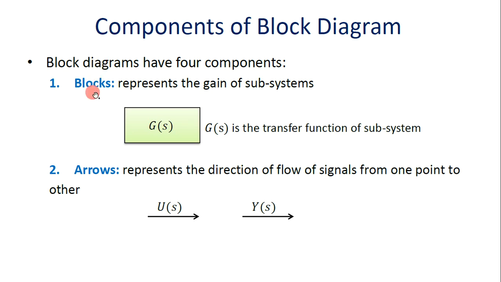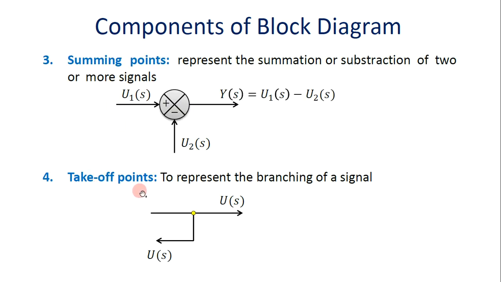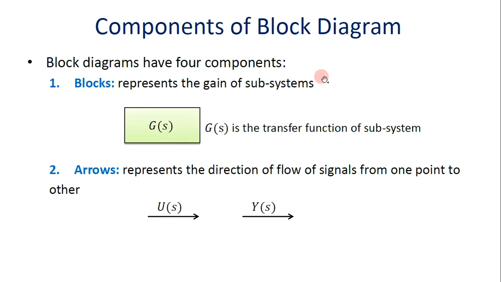The components of a block diagram are blocks, arrows, summing points, and takeoff points. A system has multiple subsystems, and those subsystems are represented with blocks. This is the block, and the gain of the subsystem is represented by G of s, the transfer function of the subsystem. Next, arrows. They represent the direction of flow of signals from one point to another.